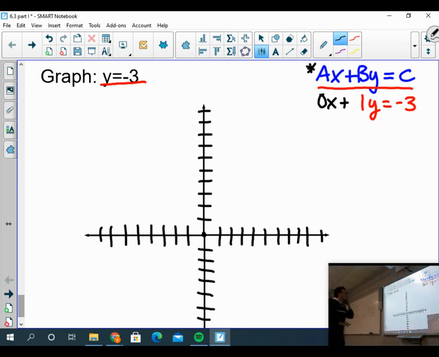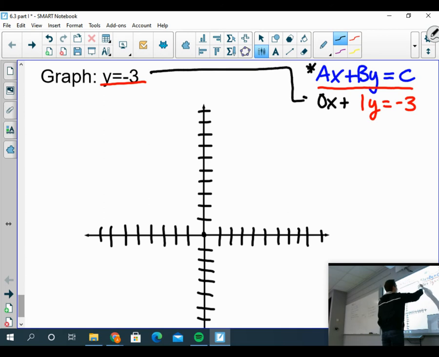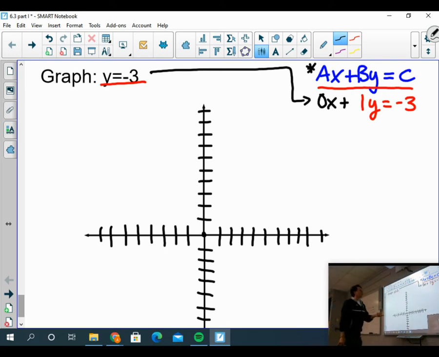Even though y equals minus 3 looks really weird, we really do have an equation in standard form. It just looks different because we don't write 1 as a coefficient, and we have a 0 plugged in for our a value.